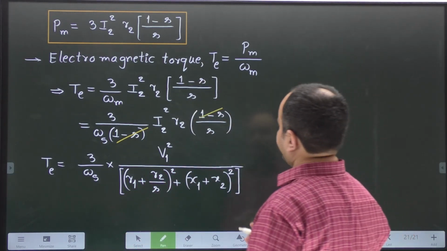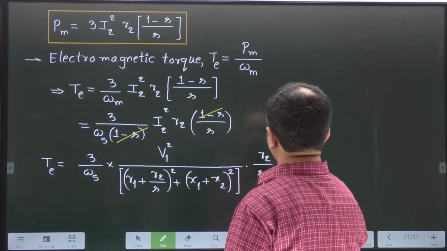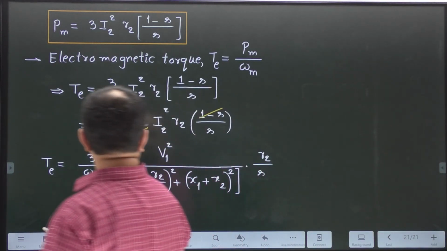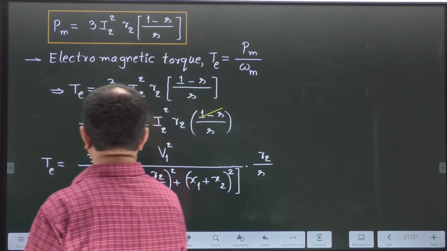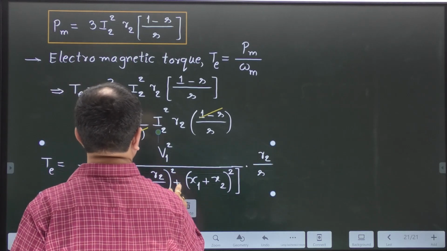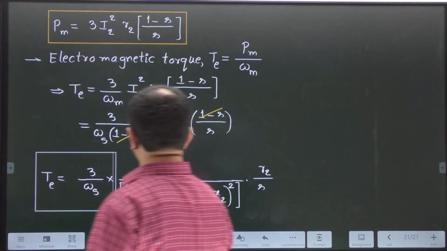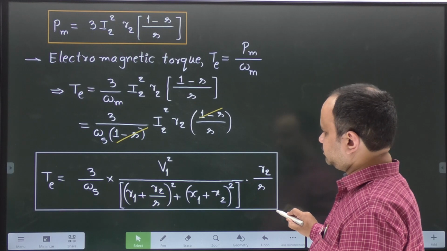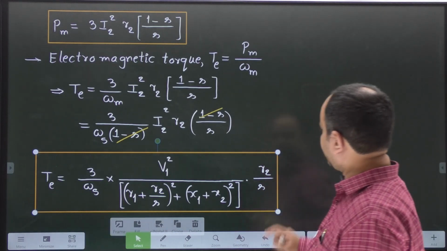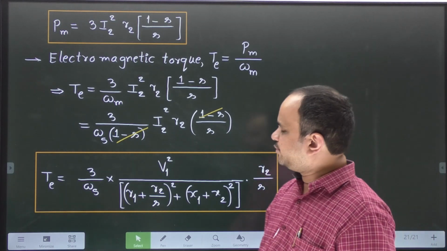So this is a I2 square into R2 by S. Okay. So this is the equation for electromagnetic torque developed by three-phase induction motor.